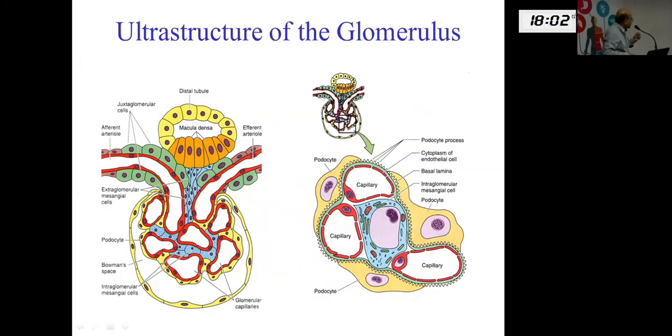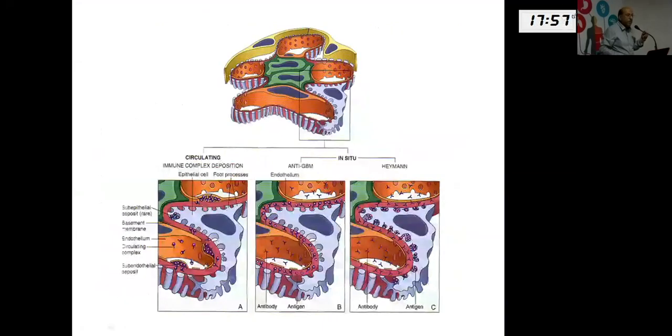underneath which sits the capillary endothelium. The structure is important as we go on because antigen-antibody complex formation gets deposited in different parts of this particular structure, the mesangial cell, the fenestrated endothelial cell, and the yellow epithelial cell with podocyte, the projections.